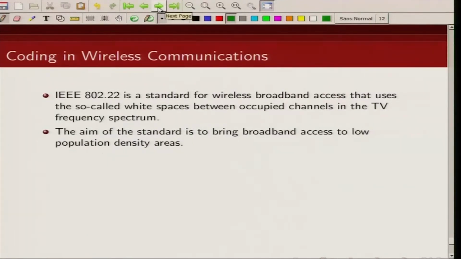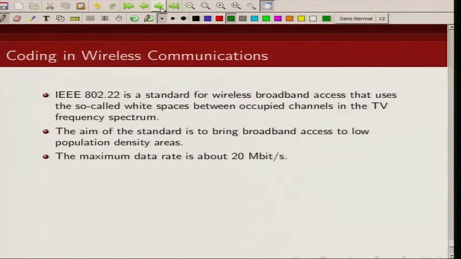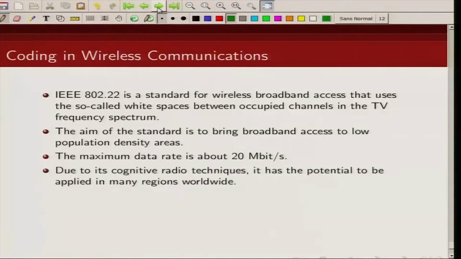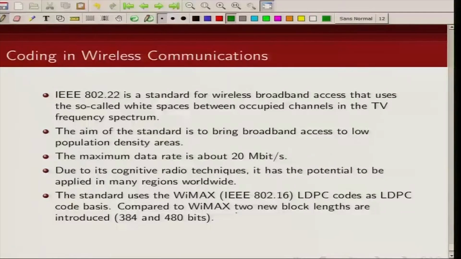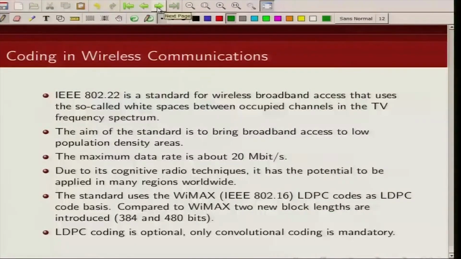So, here also they have specified lots of various LDPC codes, and in fact, two new block lengths which were not there in WiMAX have been added, one corresponding to 384 bits, another corresponding to 480 bits. So, this is another application where LDPC code is optional, convolutional code is mandatory, but LDPC code has been suggested.